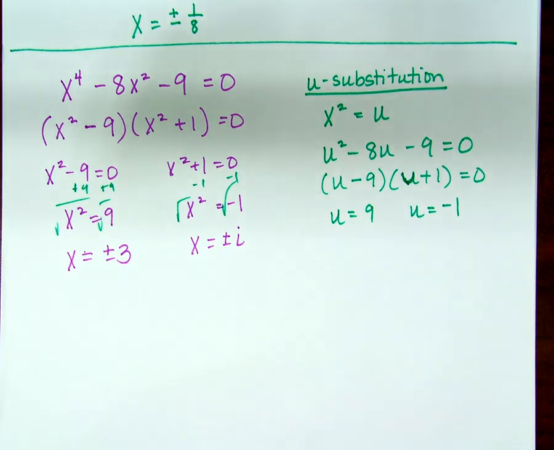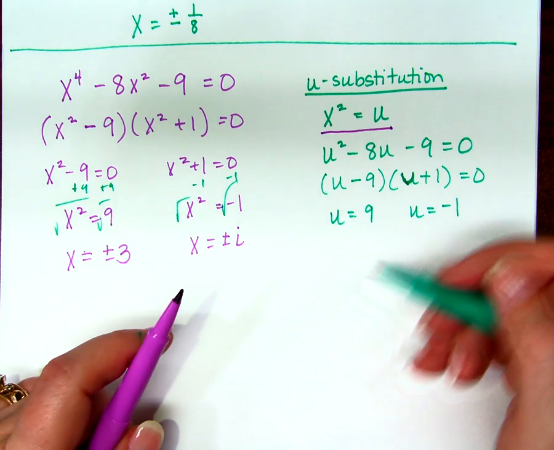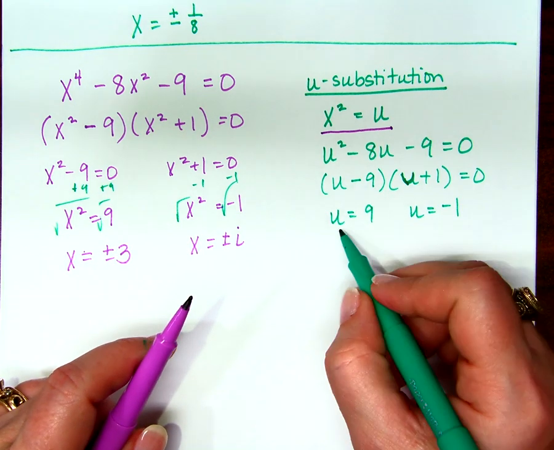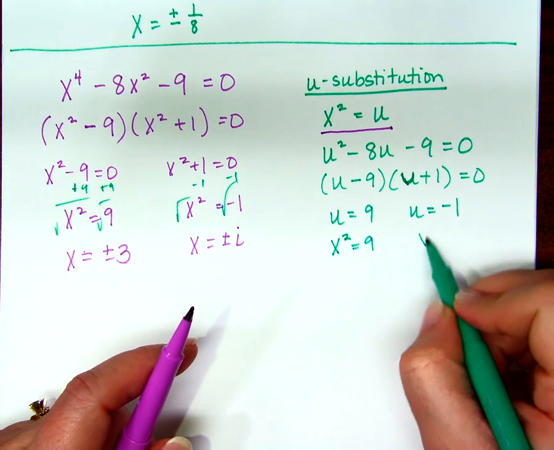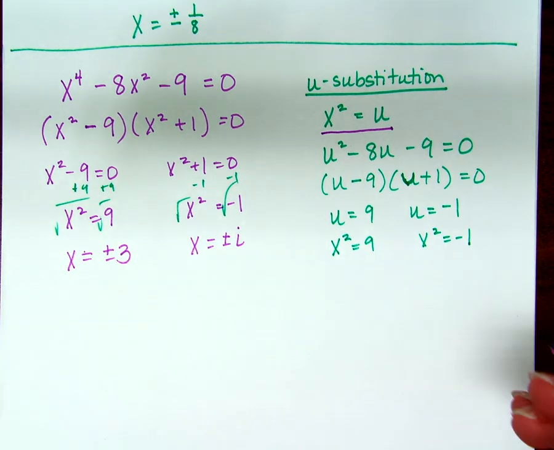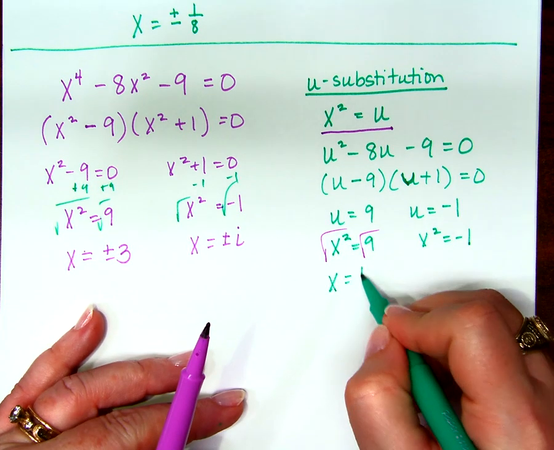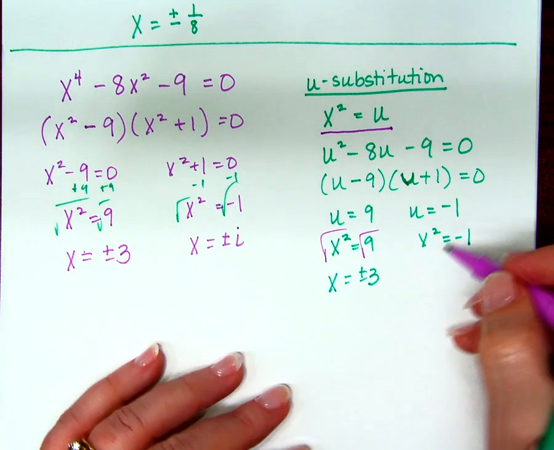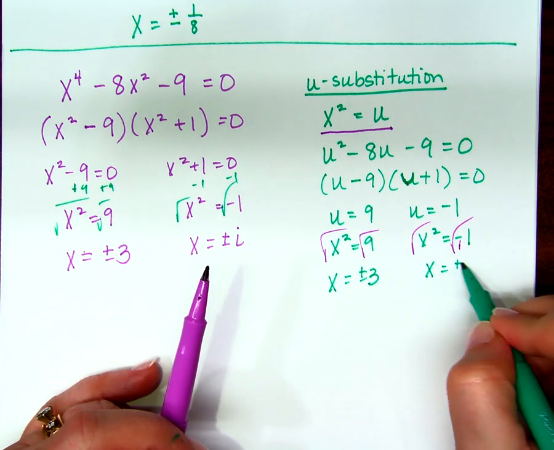What did I initially say U was equal to? x squared. So I have to replace the U with x squared. So now it's x squared equals 9 and x squared equals negative 1, and then I have to solve for x by square rooting both sides, which gives me x equals plus or minus 3, and x equals plus or minus i.